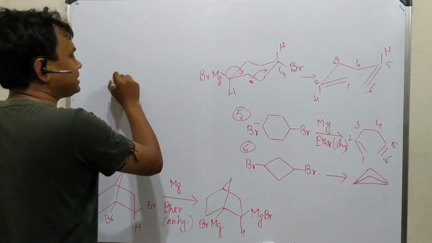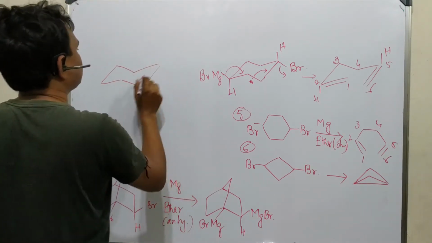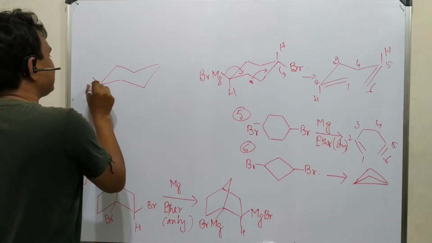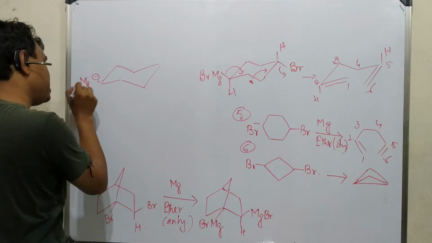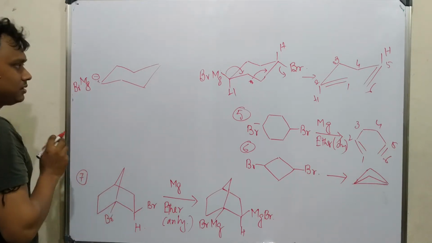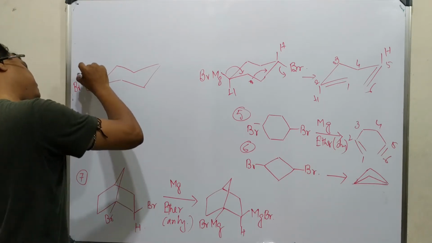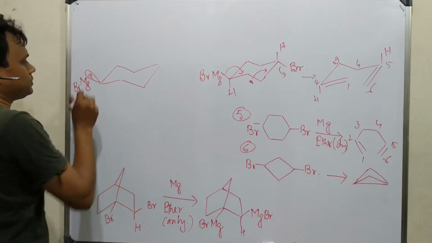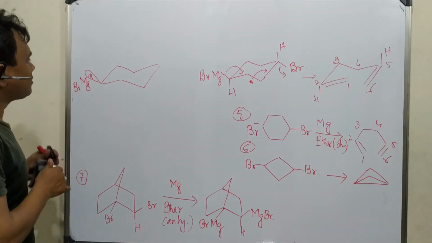So let's draw it again. As you can see, the Grignard means it's a carbanion. You may consider it like that because it's sufficiently polar. This carbanion is in an sp3 orbital, and this is the negative charge. What can this carbanion do?